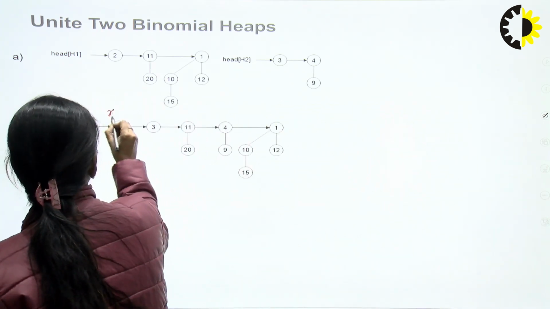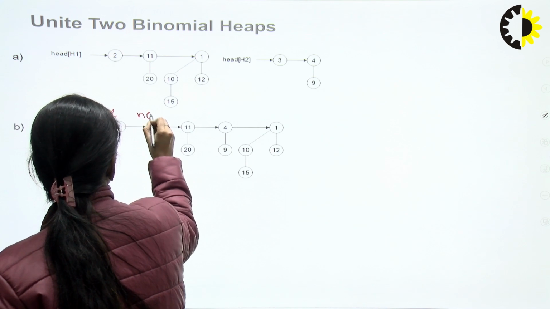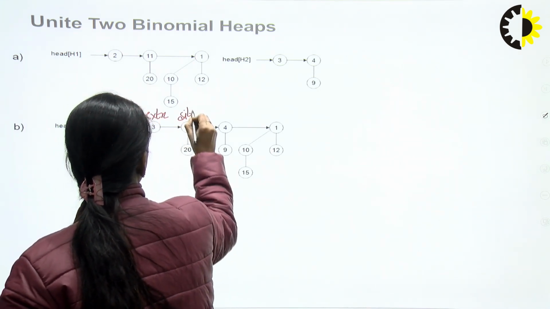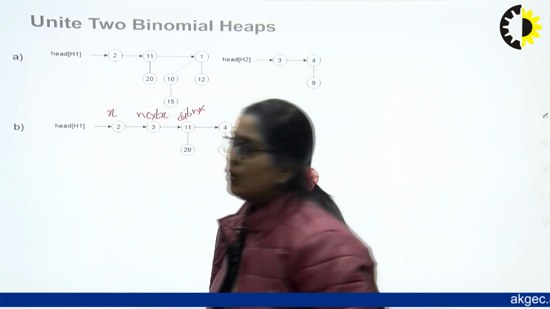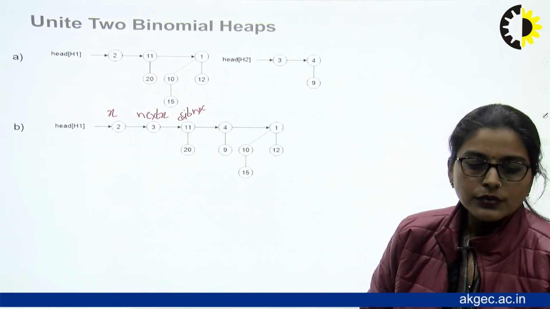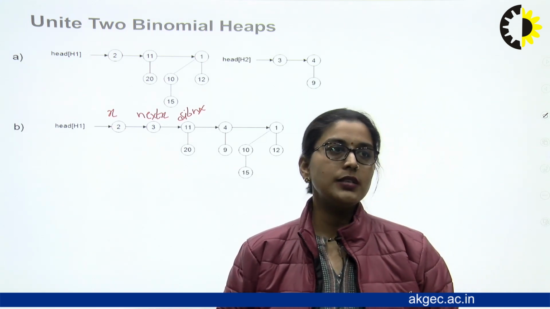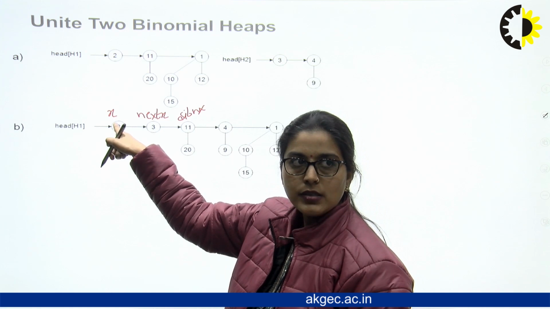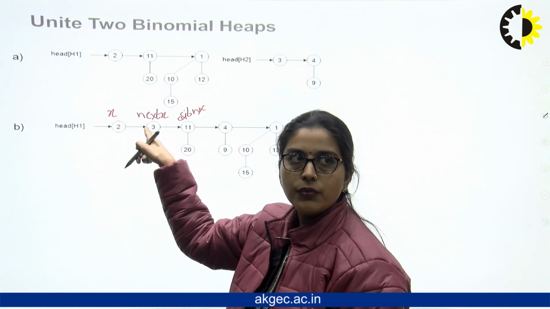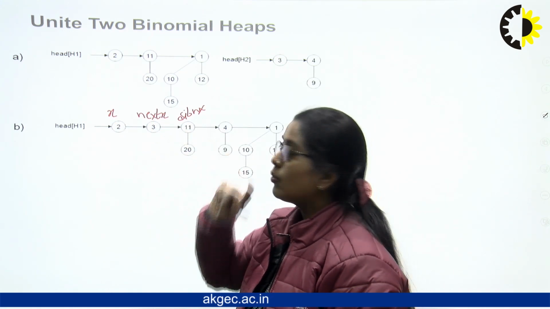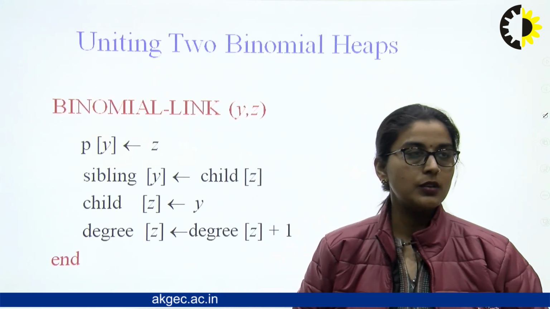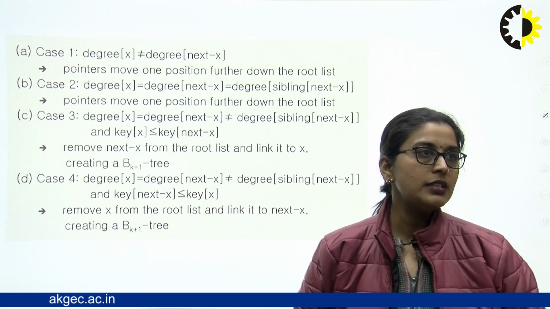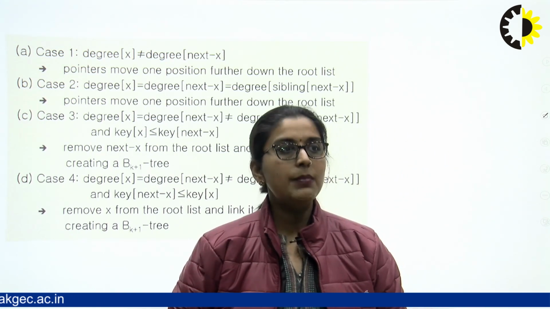What we are doing now, the pointer is pointing to x, which is next of x, and this is sibling of next of x. Now just checking what kind of case arises. The case is that the degree of x is equal to the degree of next of x, which is not equal to the degree of sibling of next of x. So this is case number 3 or maybe case number 4.